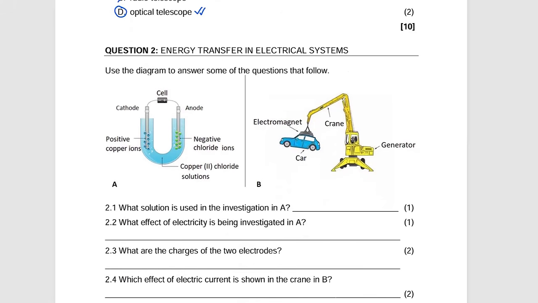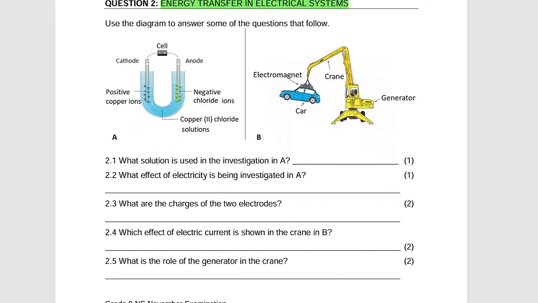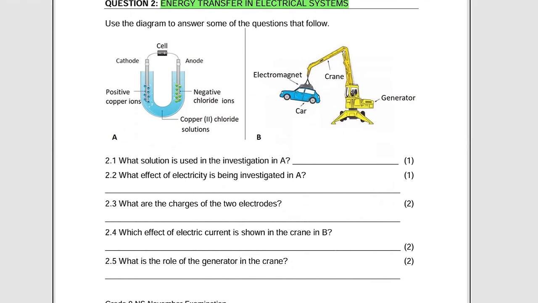Then moving on to question 2, which is now our topic there, energy transfer in electrical systems, right? So it says use the diagram to answer some of the questions that follow. So we're given here a cell, and then here we're having a cathode and an anode. So usually a cathode there, I can just say is positively charged, then an anode is going to be negatively charged, right?